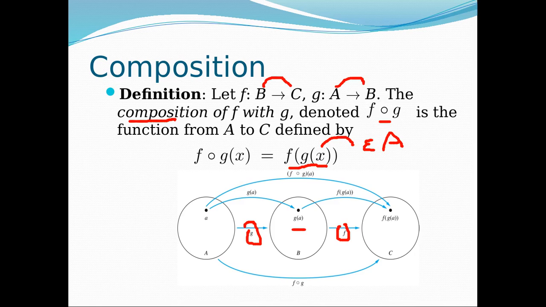Similarly, when you look at this element, which is a member of the set B, this would be taken by the function f and it would map it to an element of C. So f o g would be an element which is a member of the set C, right?